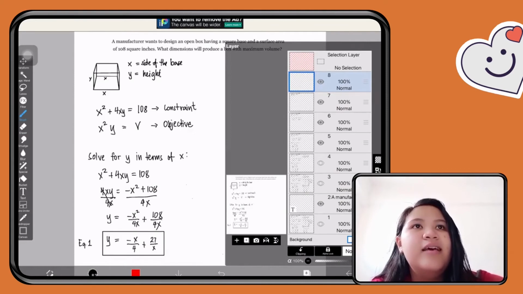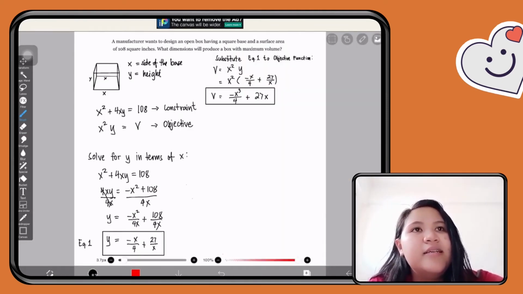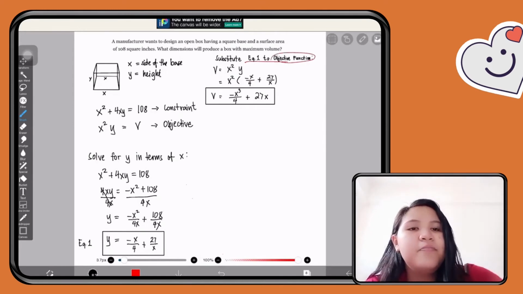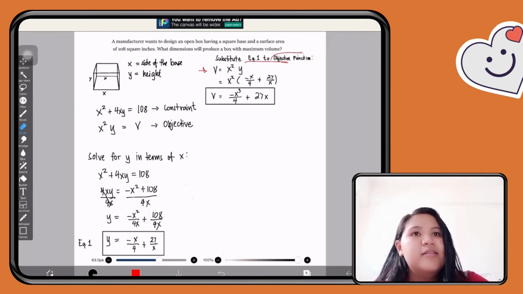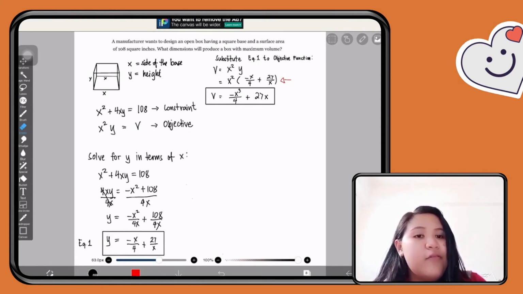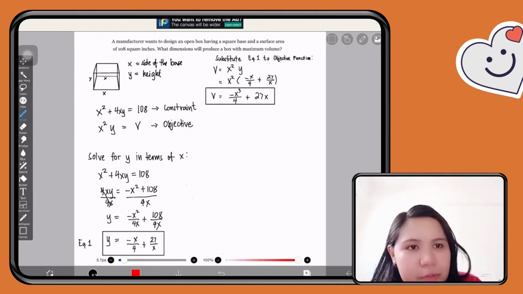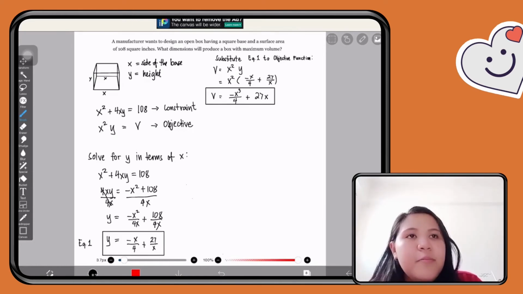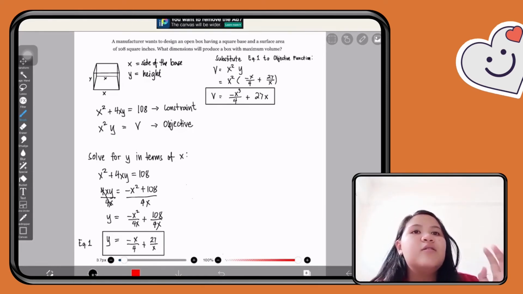Let's go ahead and substitute the equation 1 to the objective function. So we have the objective function V equals x squared y. Then we replace y with our given. So x squared, open parenthesis, negative x over 4 plus 27 over x, close parenthesis.